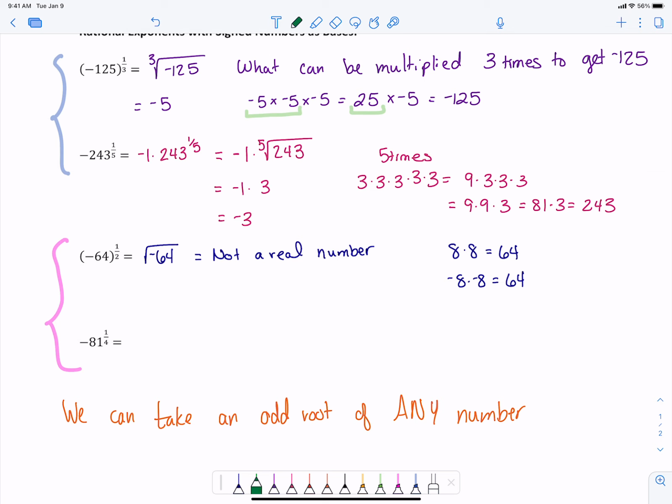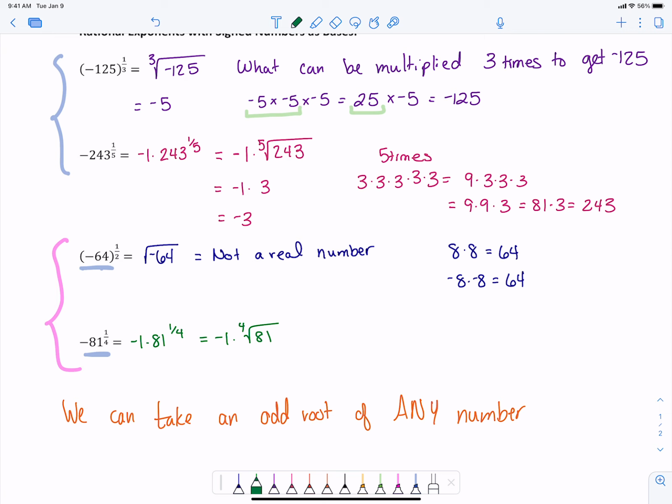Now, when we look at the next one, this negative 81 to the 1/4, we don't have it in parentheses, and this is the whole big difference: here we have parentheses, here we don't. Just like up above, when you don't have parentheses, this is really -1 times 81 to the 1/4 power, or -1 times the 4th root of 81. And what this all comes down to is order of operations.